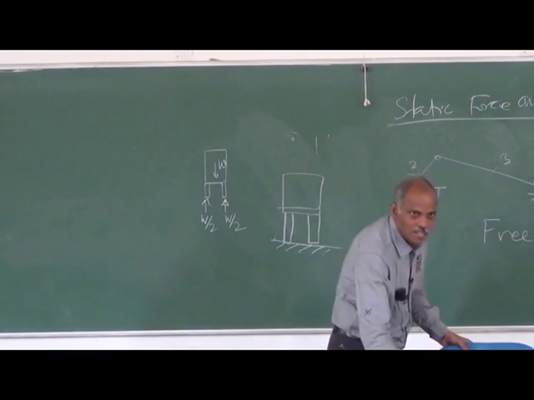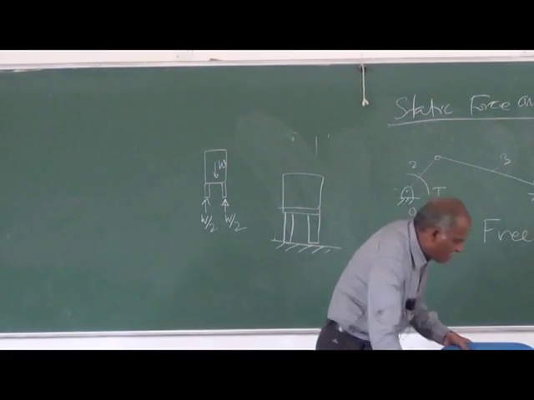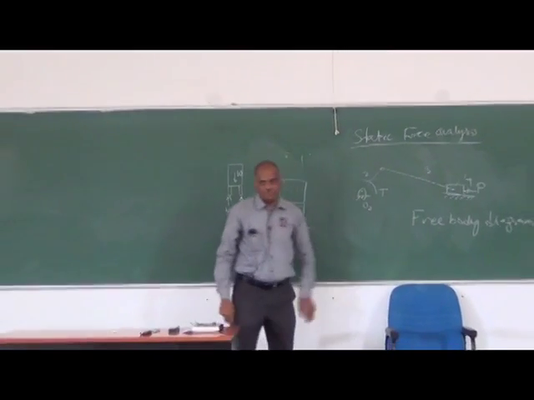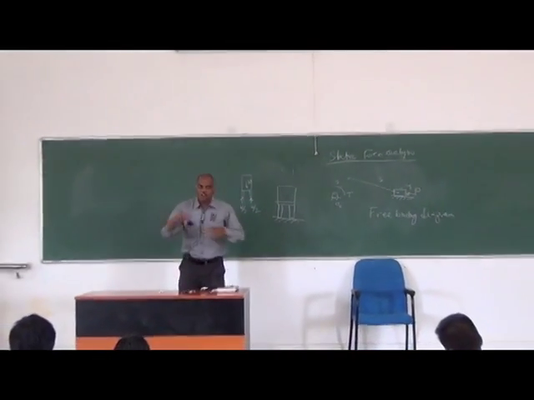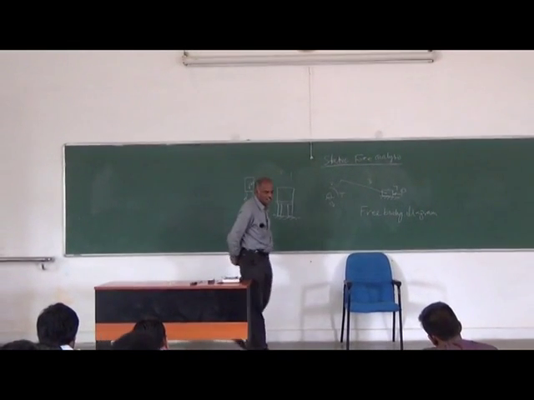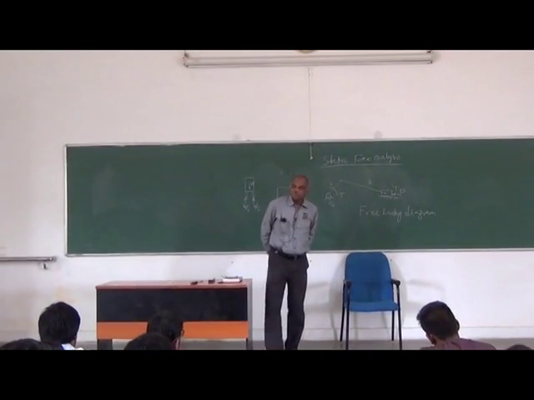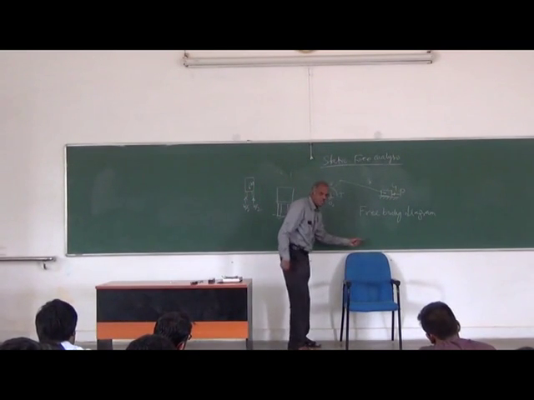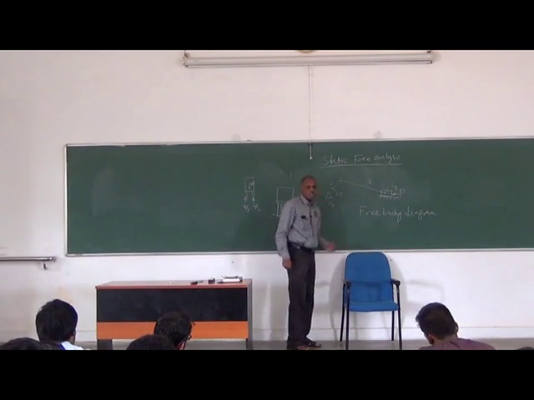Now I will take the same chair and butt it on the floor, against the wall. Now it is resting on the wall also. Then what will be the free body diagram? You have to show the interaction of force between the wall and the chair as well.